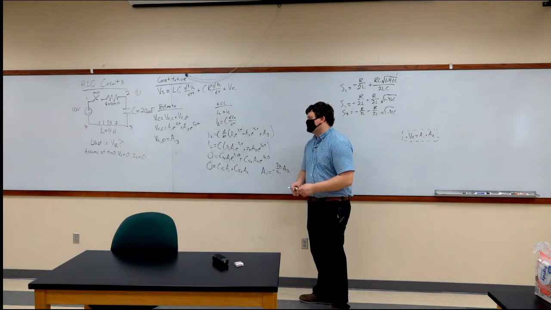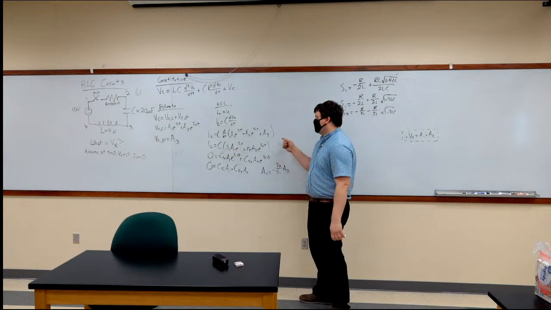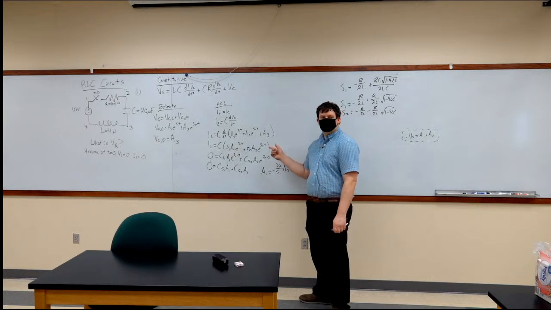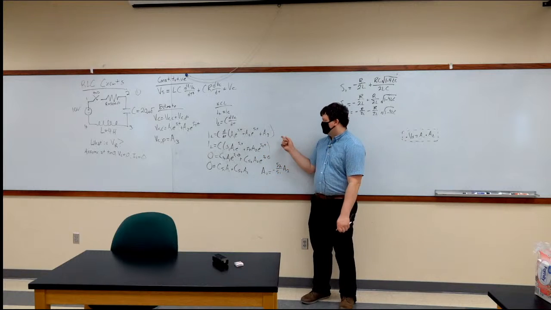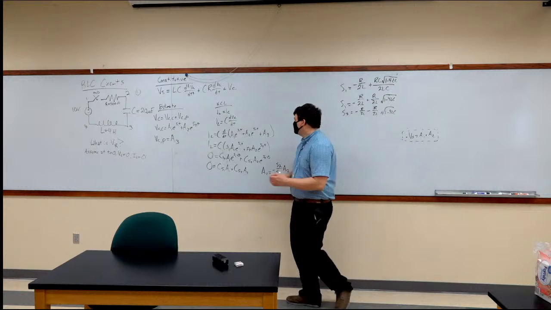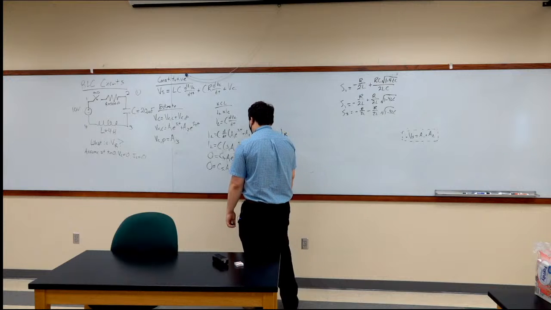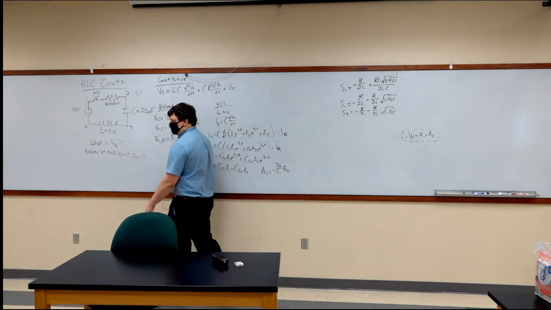Now that said, it's actually not that far. We've already halfway solved for VR, because when we solve for IL, it equals IR. We've already got this equation right here, and we know it equals IR.